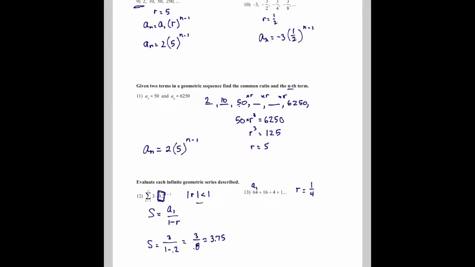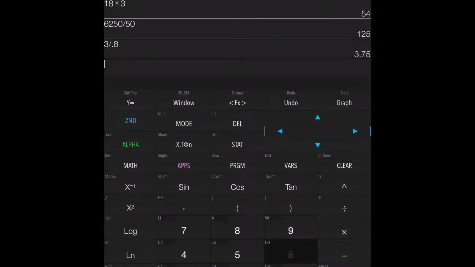So since the common ratio is less than 1, we can use the same formula, first term over 1 minus r. So this is 64 divided by 1 minus 1/4, which is 3/4. So 64 divided by 3/4 is 85.33333.